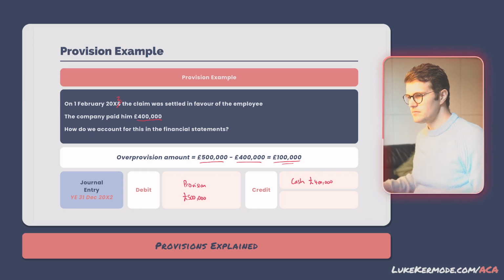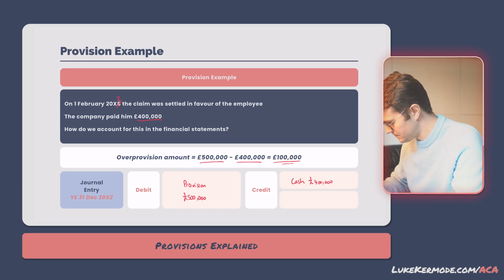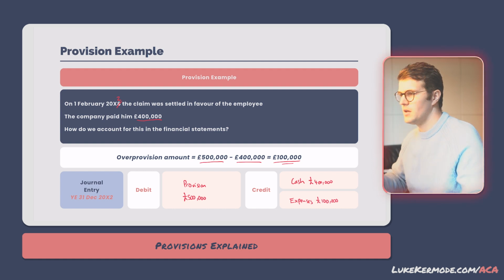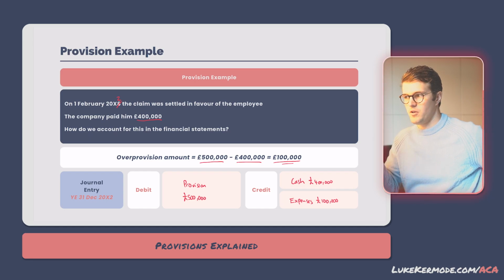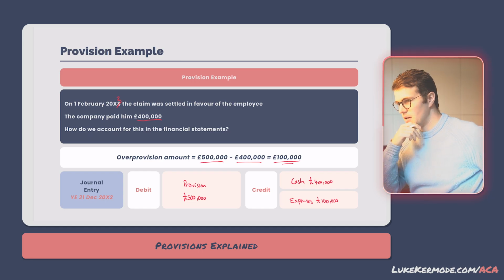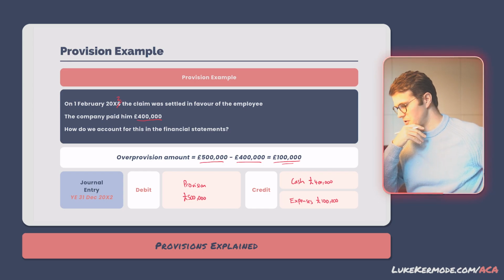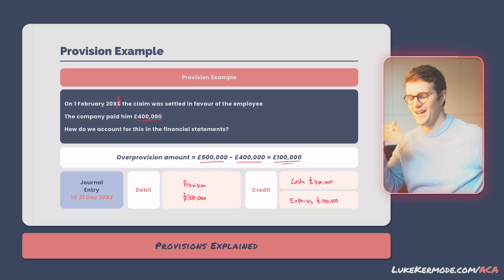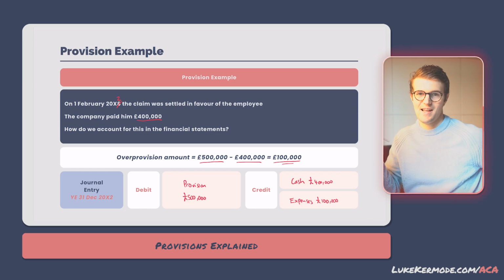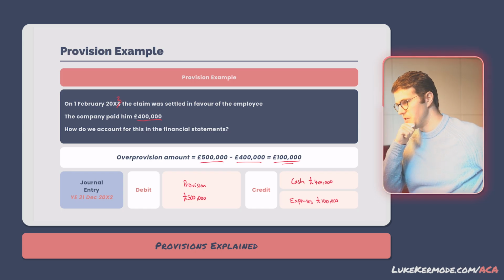And finally, we need to credit expenses by £100,000, because this reverses the part of the provision that turned out to be too high. We overstated expenses in the previous period in 20x1 by £100,000, so it's only right that we reduce expenses by £100,000 in the year ended December 20x2, reflecting the fact that we understated the company's profit in the previous year.